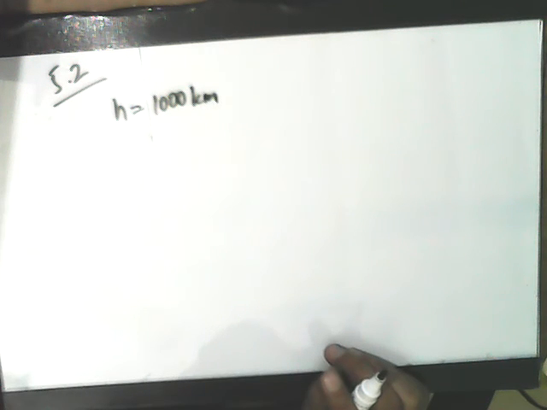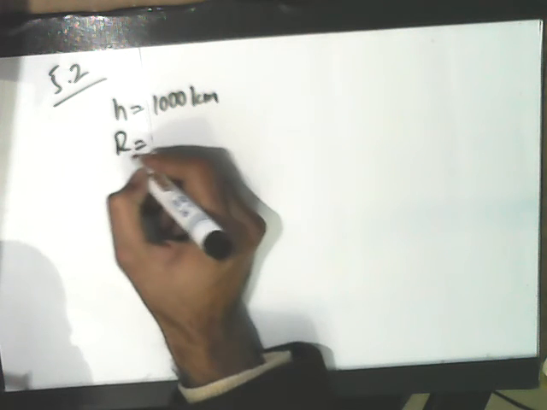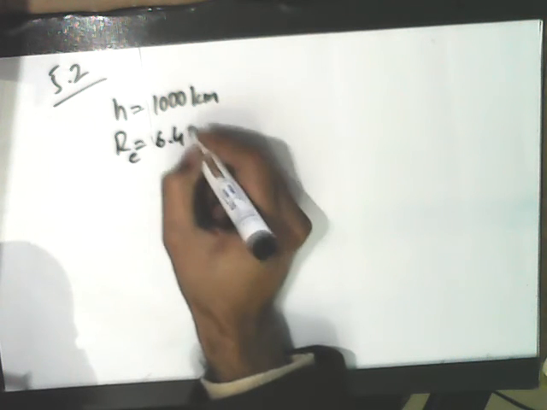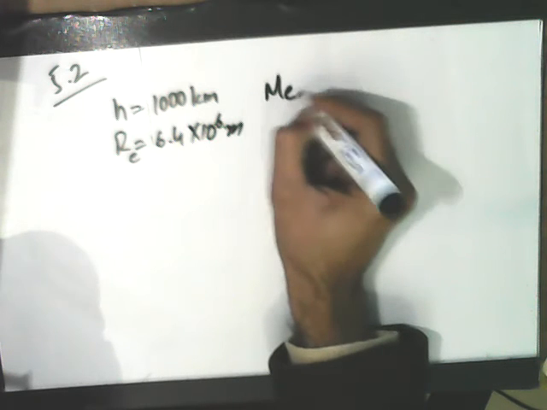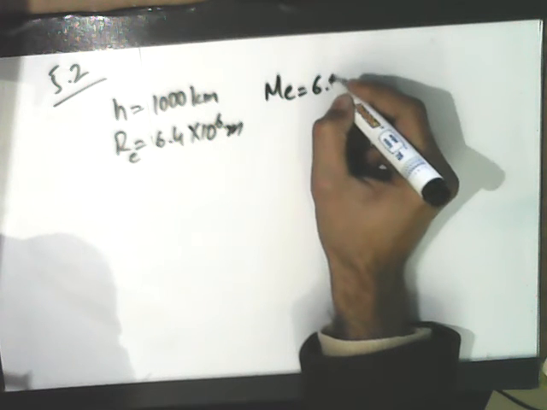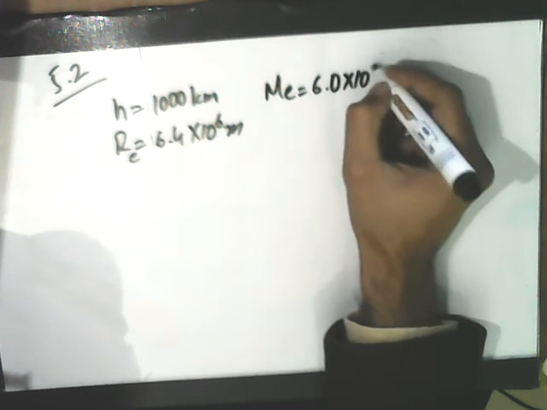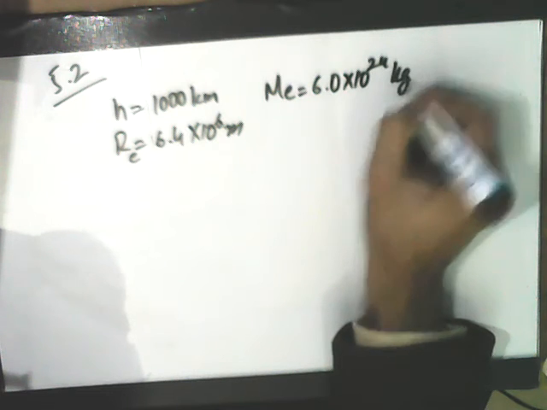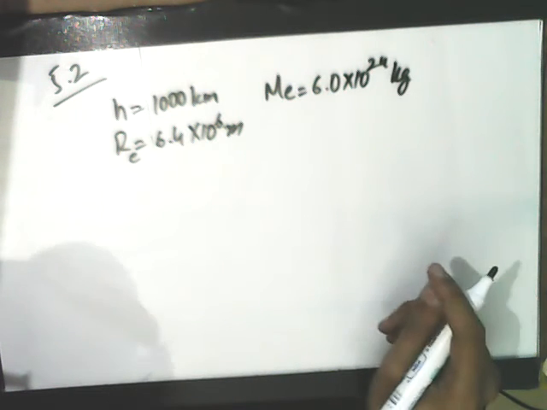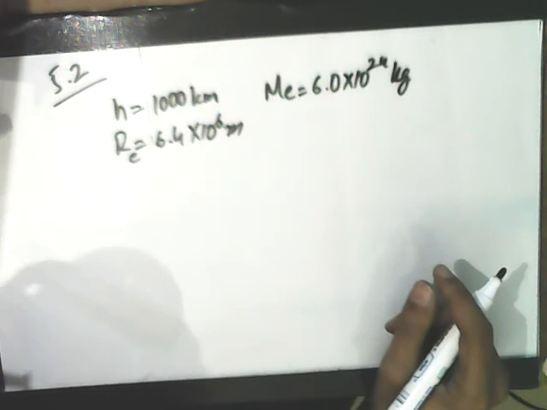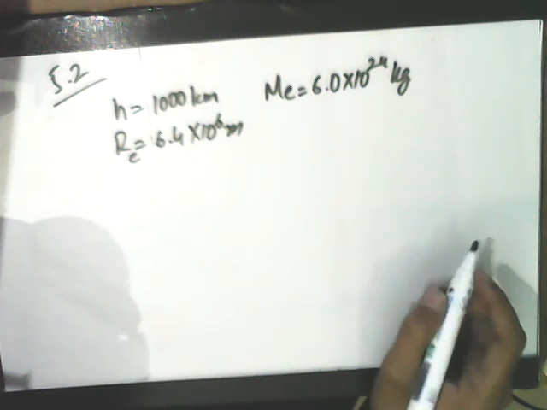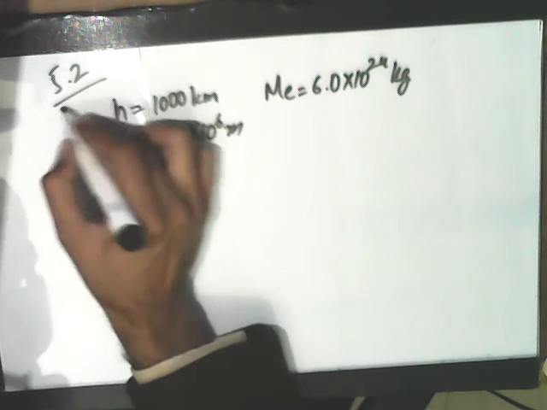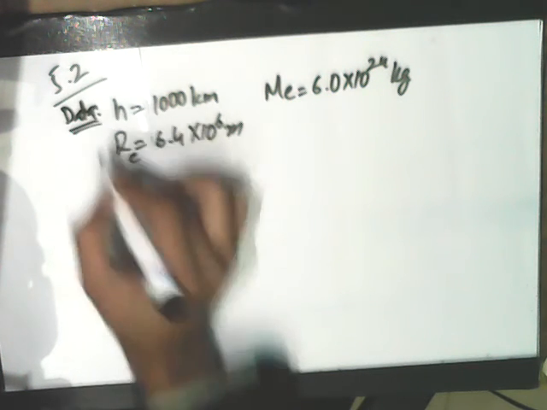And the radius of the Earth, you should memorize this, 6.4 into 10 to the power 6 meters, and mass of Earth is 6.0 into 10 to the power 24 kilograms. You may not write this zero, it's significant, but it doesn't really matter for your case. So this is the data. Let's solve.